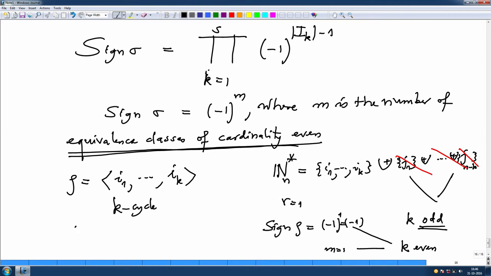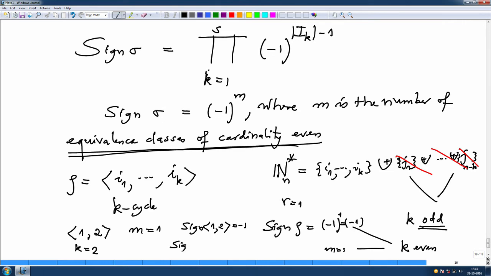For example, test it for the transposition 1 2. Here k is 2, and how many equivalence classes of cardinality even? Only 1. So, m is 1. So, the sign of a transposition is minus 1.